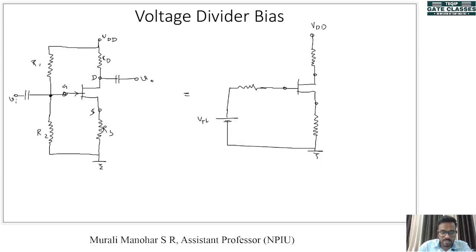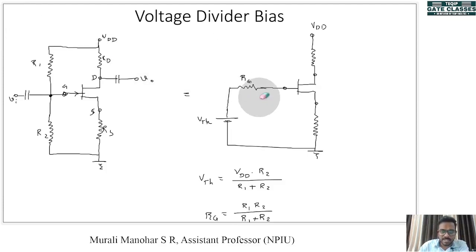Now this is VTH and this is RG. Now VTH is equal to VDD into R2 divided by R1 plus R2, and RG is equal to R1 R2 divided by R1 plus R2.